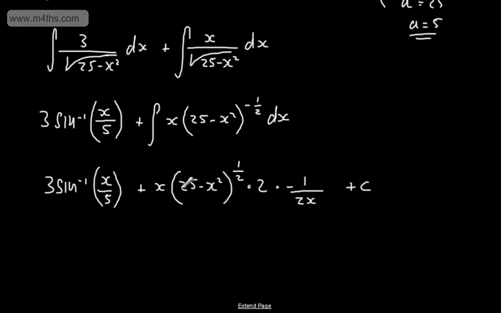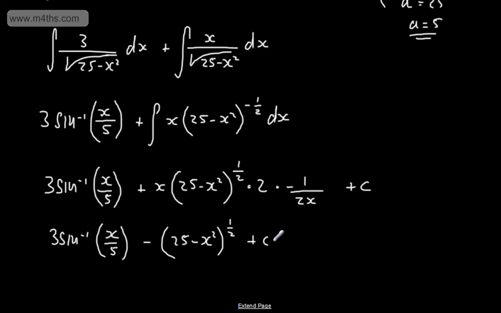If I now consider what's going to happen here, we've got the 2 and the 2 that are going to cancel, and the x are going to cancel. So we could write this now as 3 lots of the inverse sine of x over 5 minus now the quantity 25 minus x squared to the power of positive 1/2 plus a constant of integration.